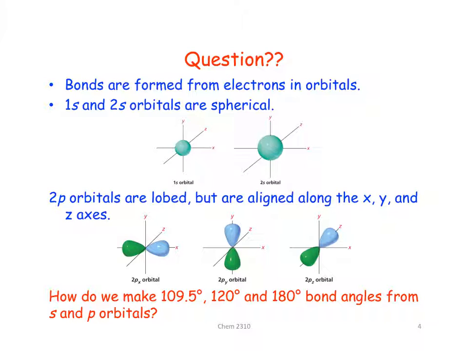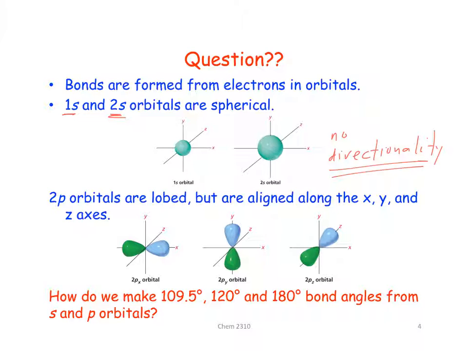Here we have the 1s and the 2s orbitals. Remember that those orbitals are both spherical, so there's no directionality to these at all. They can't really be used to make any specific type of bond angle.